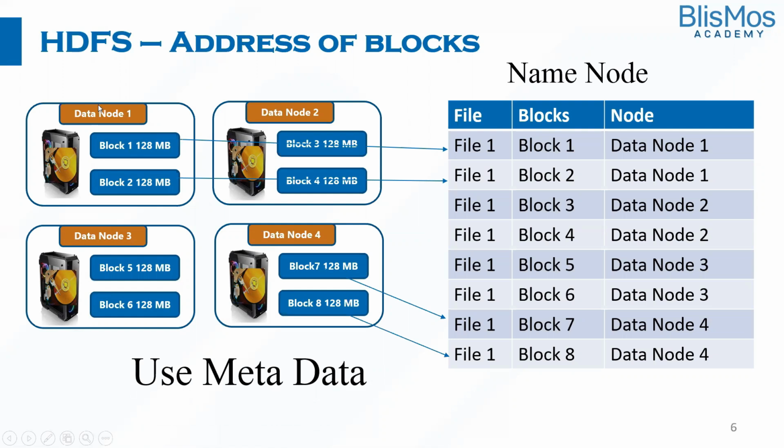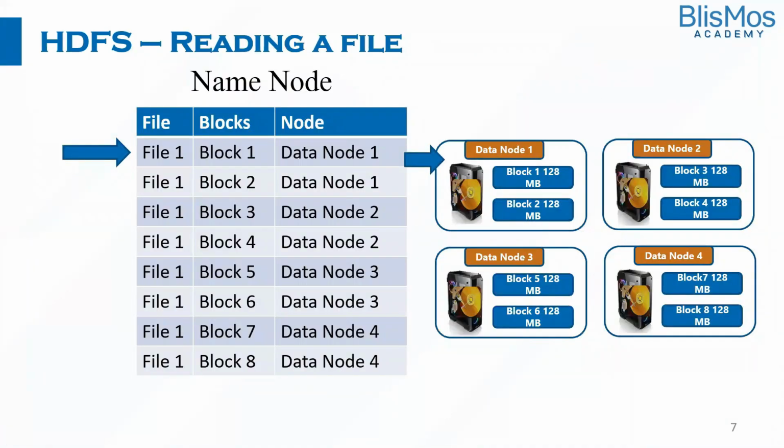In this case, data node 1 has 2 blocks, block 1 and block 2. And we know that the address of these blocks would be in the name node, meaning the metadata of this file would be in the name node in a table format. In order to read a file, we need to use the metadata. That is one of the very important aspects.